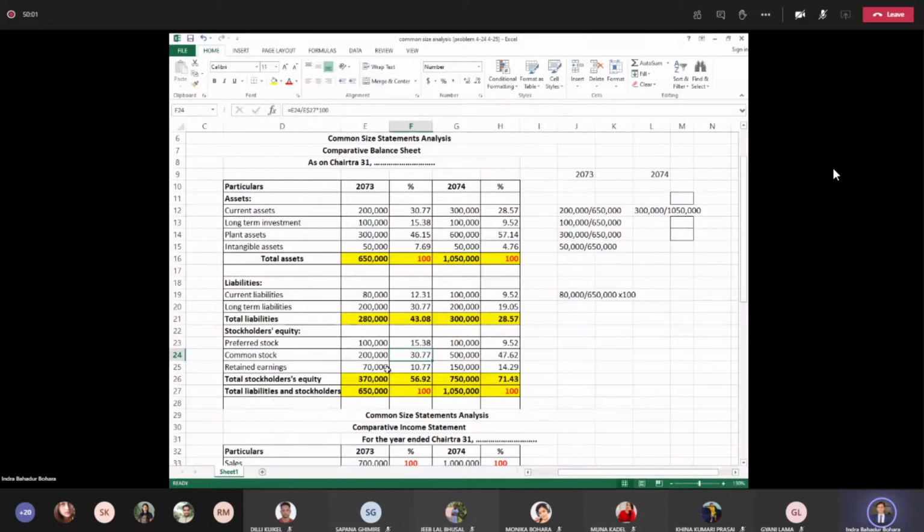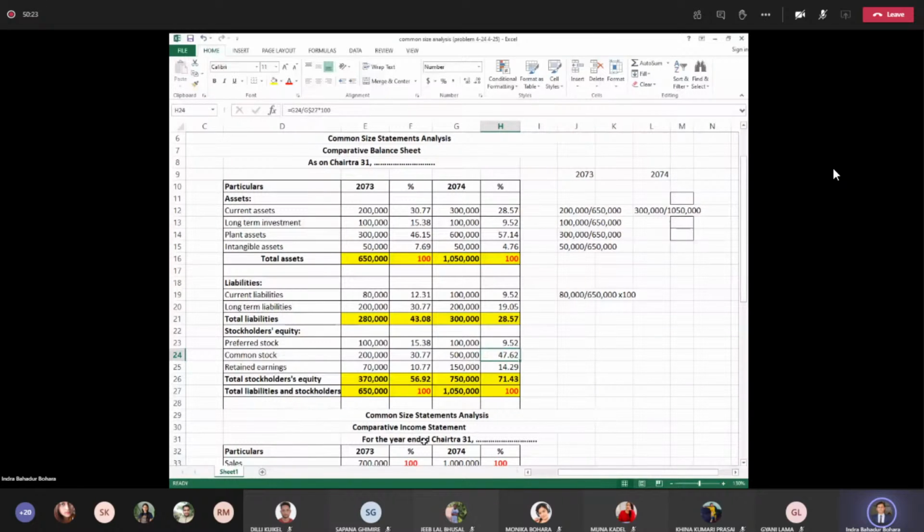Similarly, the company has also invested additional capital, which increased from 30% to 47%. So increasing capital certainly supports making payments of long-term liabilities as well as investment in the business.